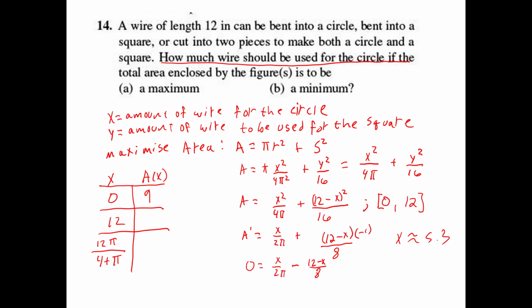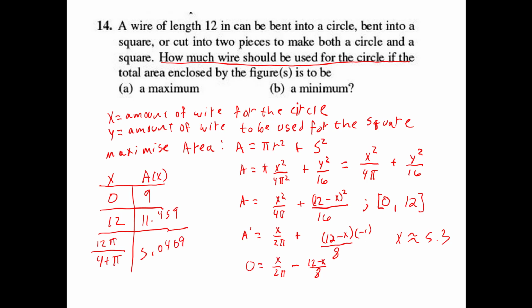If you use all of the wire on the circle, you will get an area of 11.459. And if you use the critical number 12 pi over 4 plus pi, then you will get an area of 5.0409.